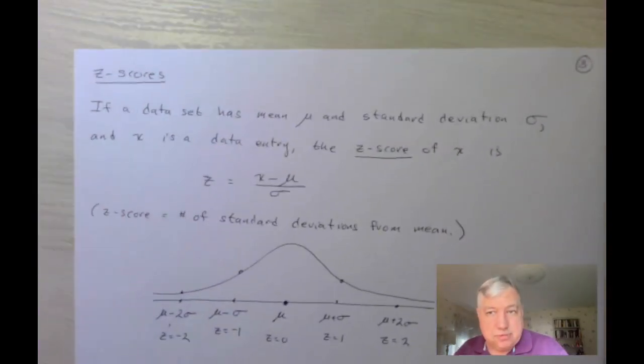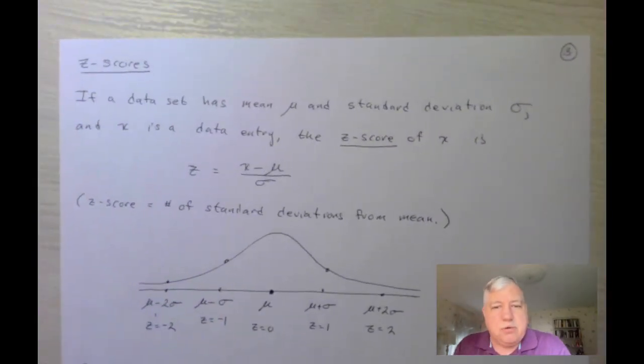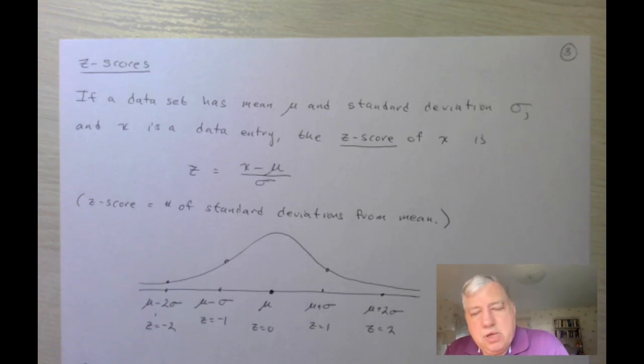Okay. Then another way of talking about position of a data entry are z-scores. And with z-scores, it's the position with respect to the mean and standard deviation. This is when those come into play here.